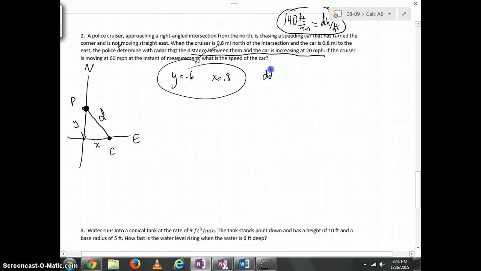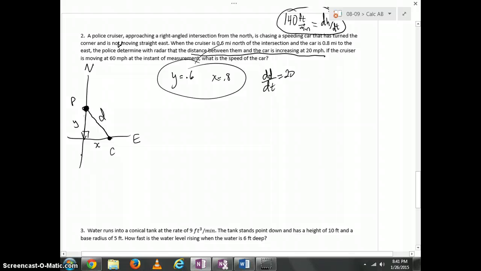So we'd say dD/dt, the rate at which that distance is changing with respect to time, would be 20 miles per hour. Again, all of these parameters of the right triangle are changing. Nothing is fixed. X, Y, and the distance between them are ever changing.